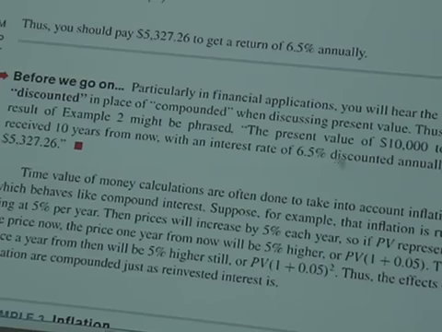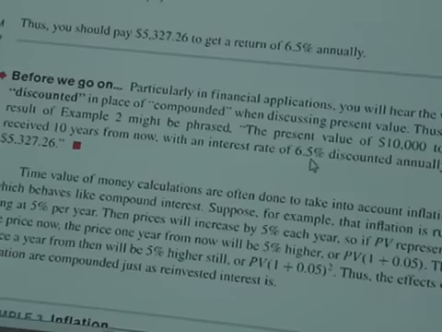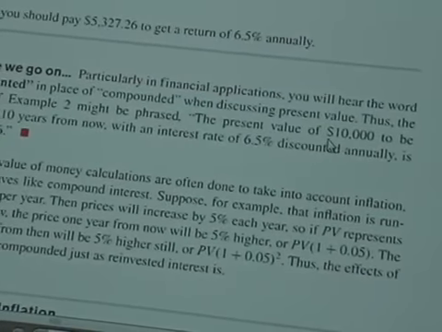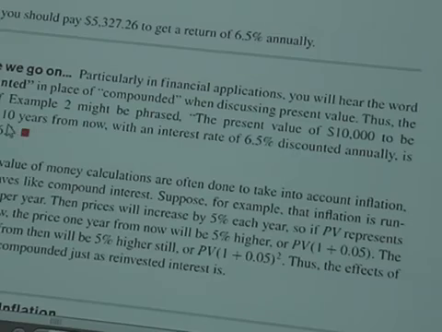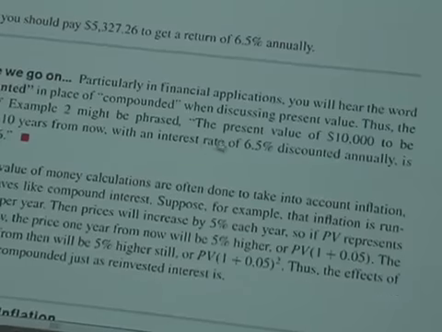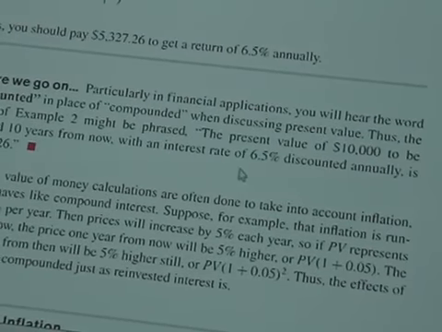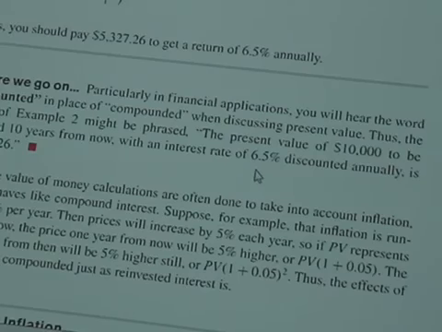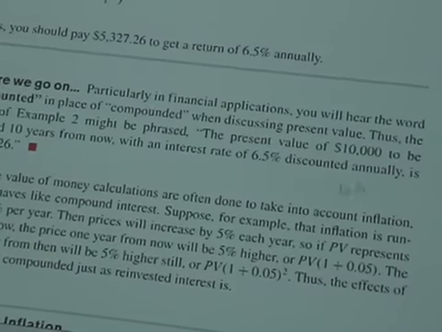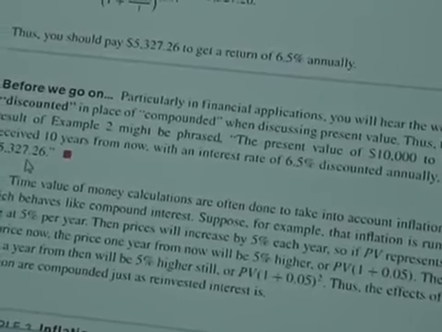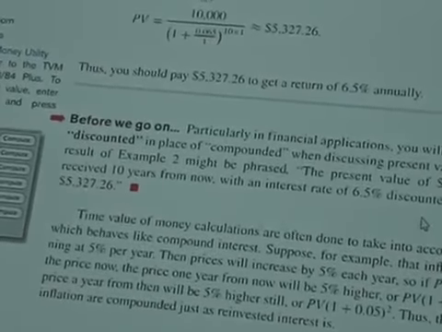So the present value of $10,000 to be received 10 years from now, with an interest rate of 6.5% discounted annually, is 5327.26. Okay? Alright, so you've learned that too.